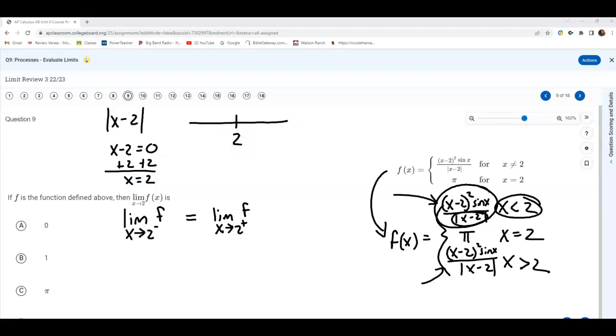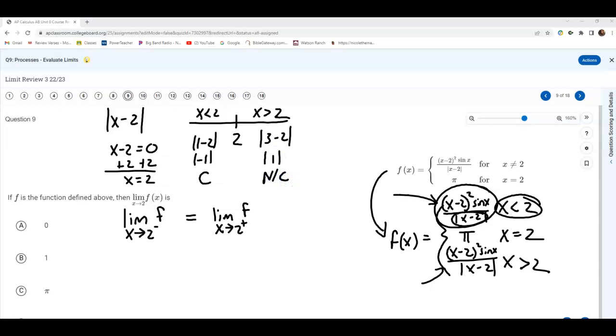All we did was plug in numbers to see what happens to the left of 2 and to the right of 2. So if I were to plug in a number less than 2 here, like let's say I plugged in 1, does a change of signs occur? Yes.